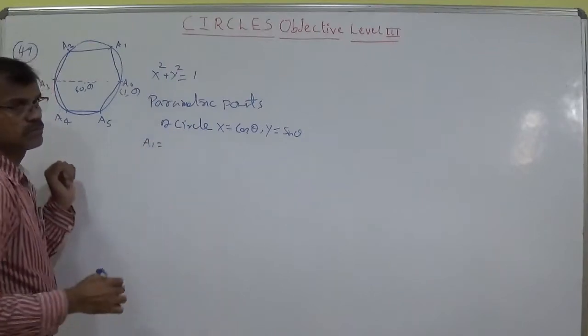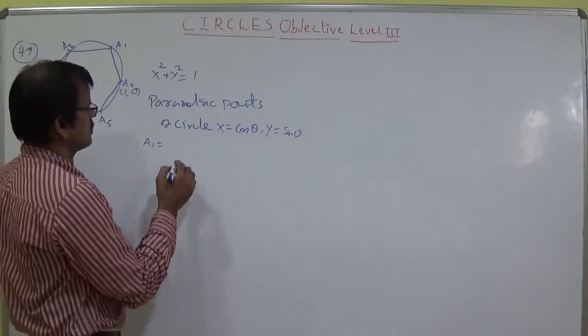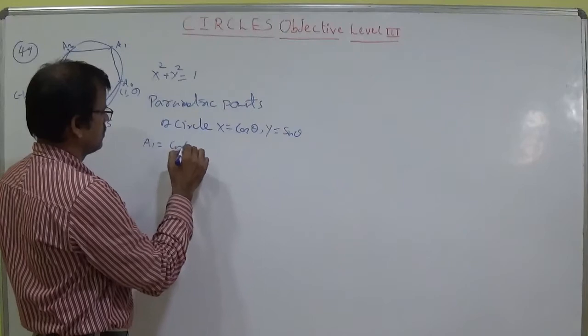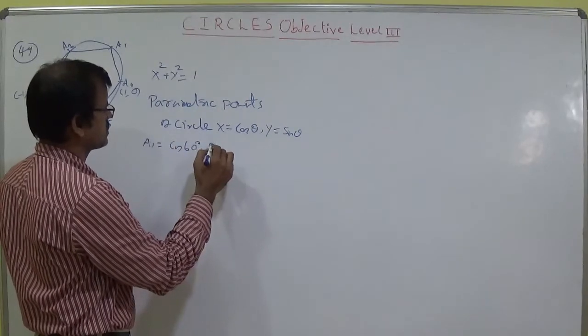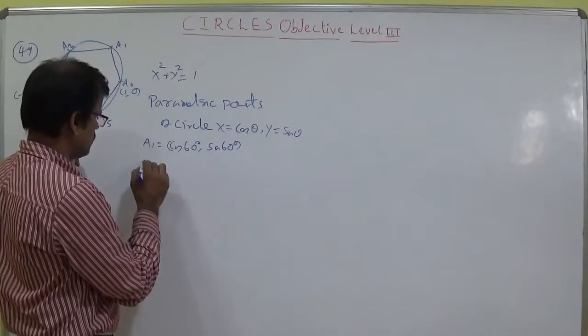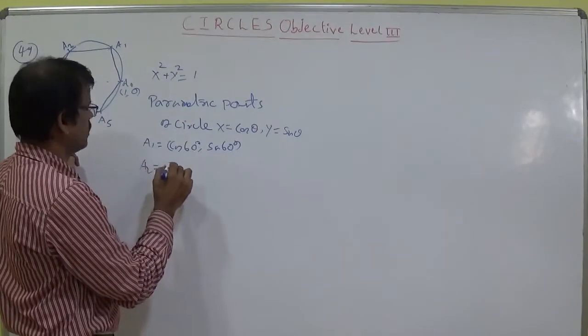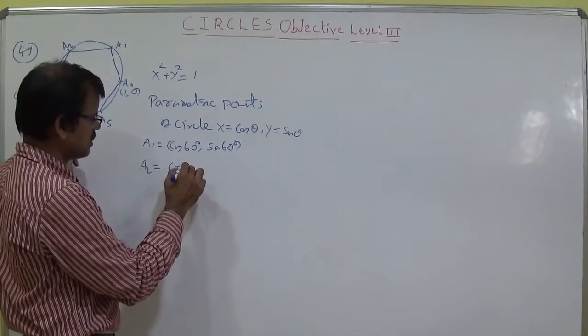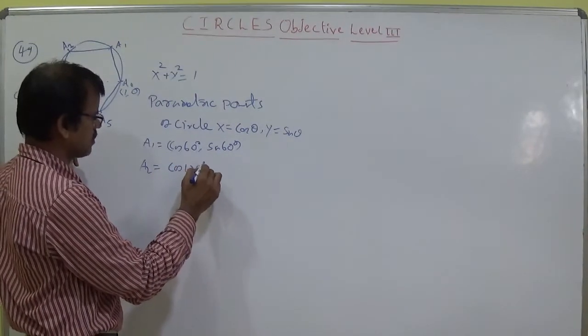A1 is equal to (cos 60, sin 60). A2 is equal to (cos 120, sin 120).